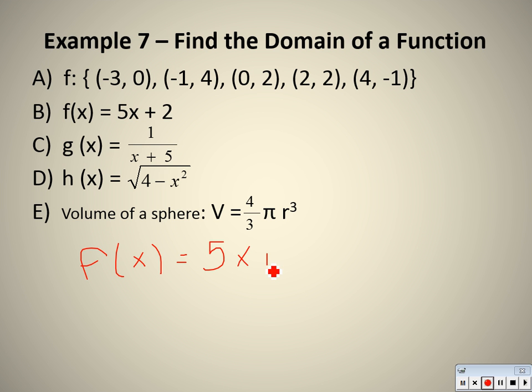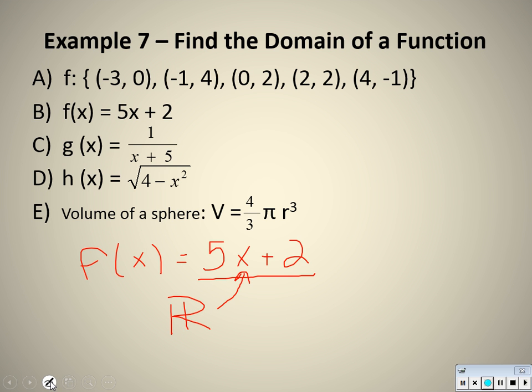And notice with this that since it's not a fraction with a variable in the denominator, and since it's not a square root with a variable inside it, the domain for this would just be all real numbers. So what that basically means is any number that I would pick for x, any number from negative infinity to positive infinity, if I substituted that number into here, it would get me some type of real value for y. So that's the domain for part B.